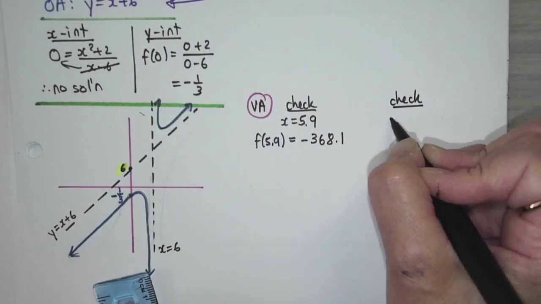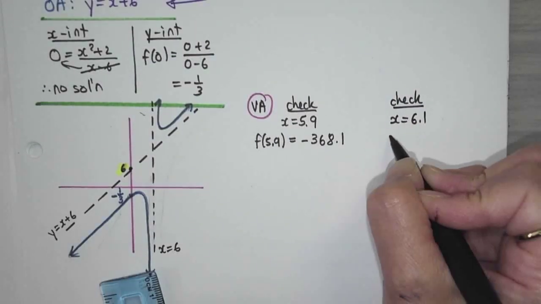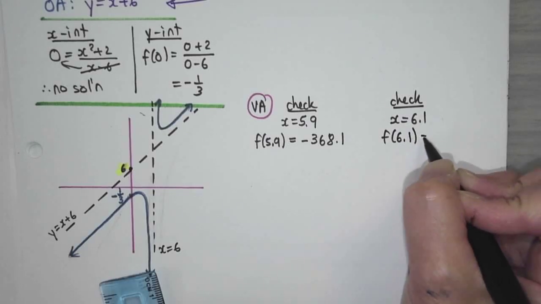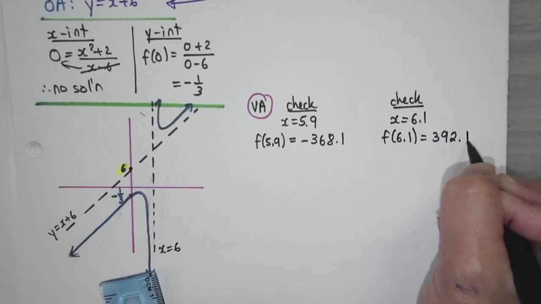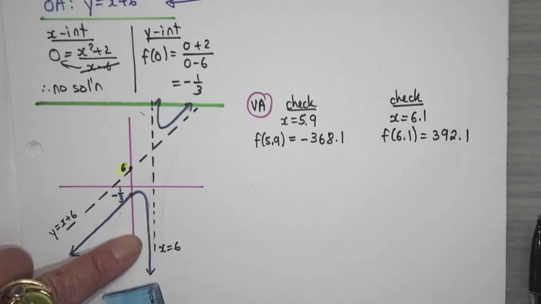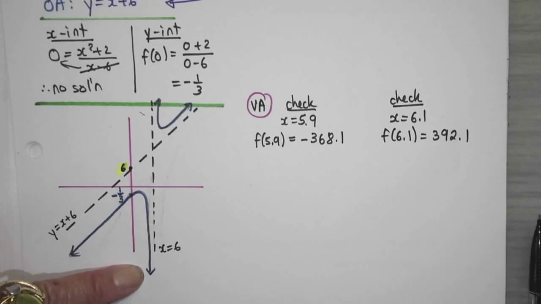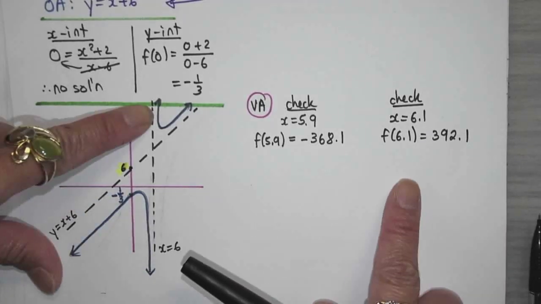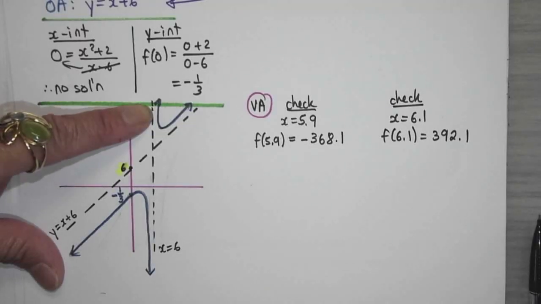My second check, I checked 6.1, and I got 392.1. That's telling me on the left, it was heading down, perfect. And on the right, it was heading up, perfect. So that matches what we drew, right? So it's kind of like, that's good, that's good. What I thought was happening was happening.